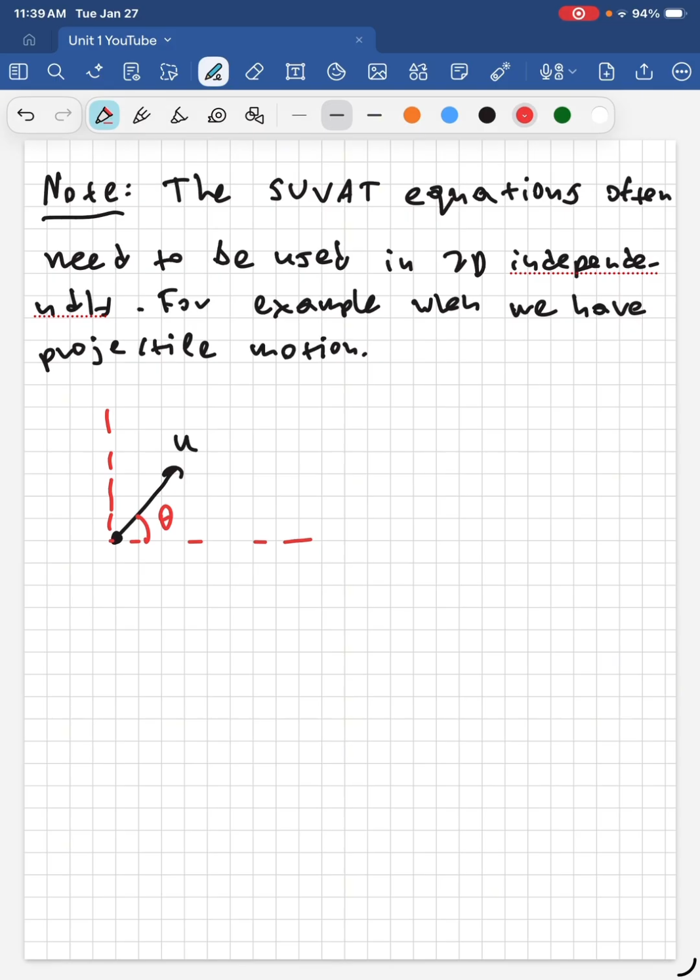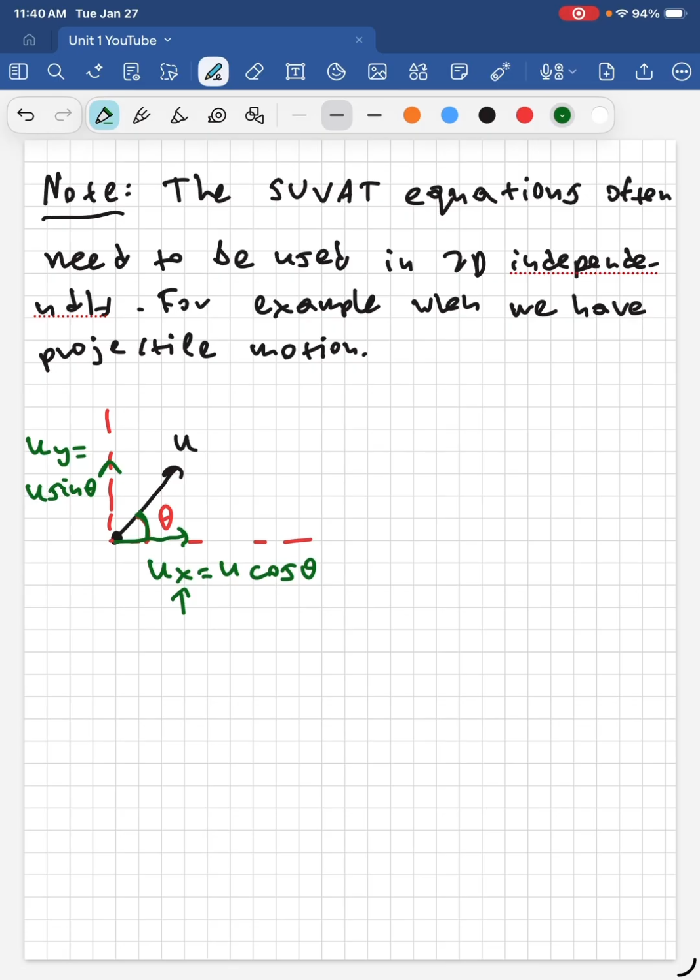So the x component of the vector is going to be ux equals u cosine theta, where the subscript x means in the x direction, obviously, and uy is going to be u sine theta. And again, whatever touches the angle, so the x component touches the angle theta, therefore we have a cosine theta, but the y component does not touch the angle theta, so we got a u sine theta.